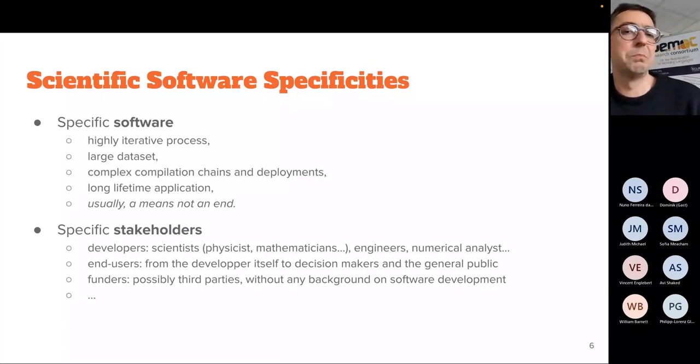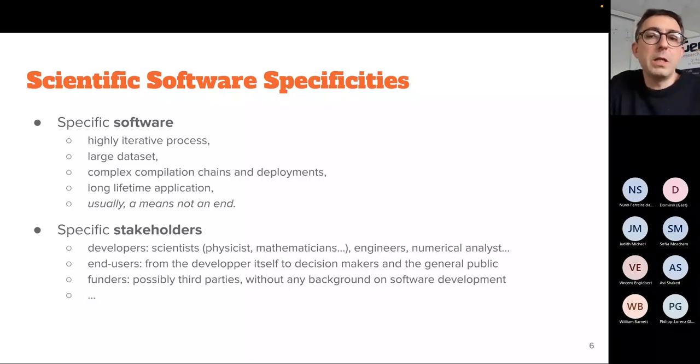First of all, the developer. The developer is rarely a software developer. It's most of the time a scientist or engineer or, at best, a numerical analyst. But they are not directly software engineers with good skills in software engineering and more specifically in model-driven engineering.